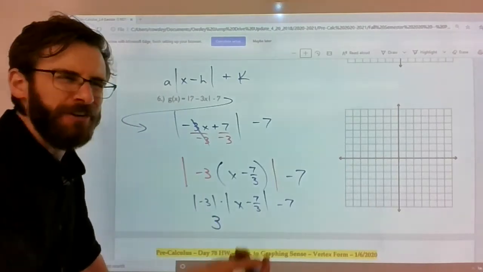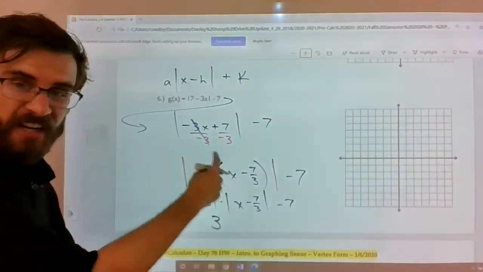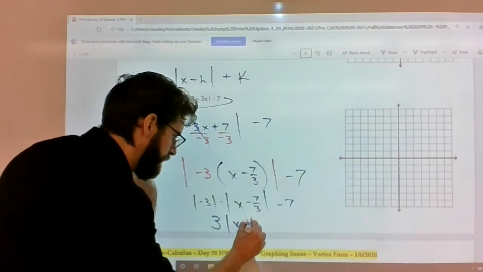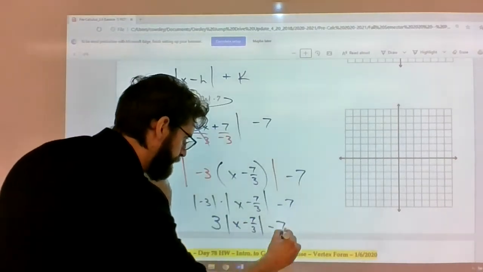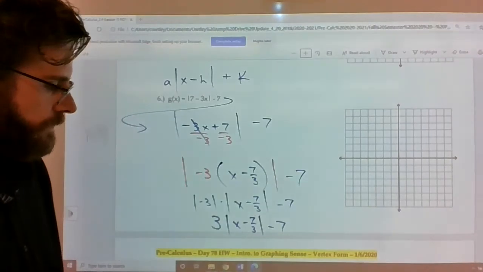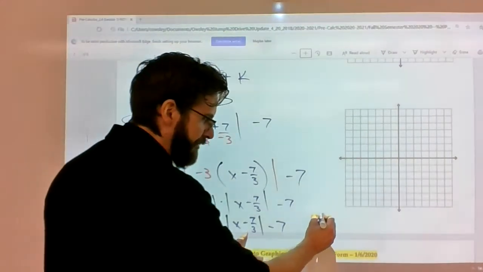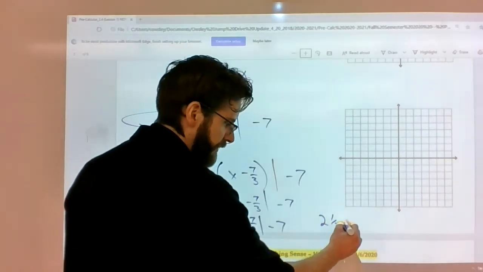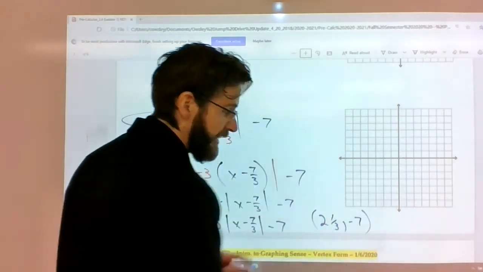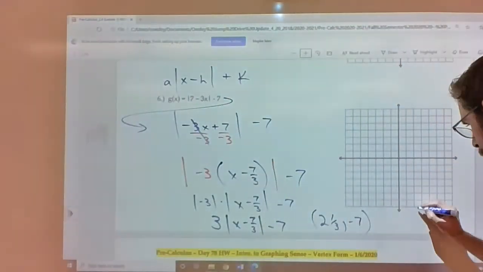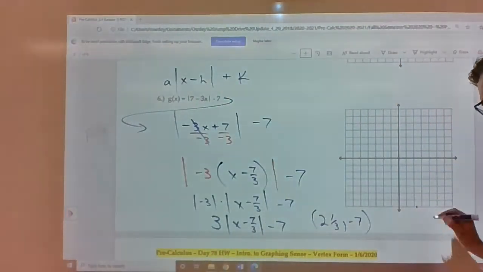So if you're negative inside the bars, you come out positive on the outside. And what that does is it establishes a vertex at 7/3, which is 2 1/3, and -7. You're going to go right 2 1/3, down to -7.